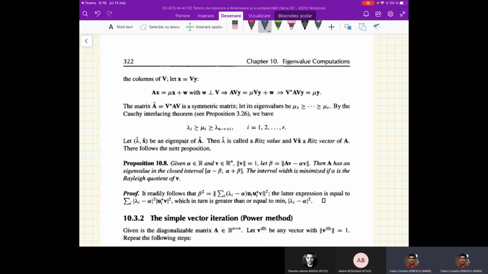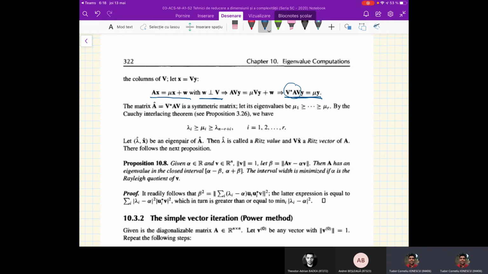Now, Ax is mu x plus w, where w is orthogonal to V. And here you get finally that V star AV y is mu y. So this is an eigenvalue problem for this matrix.